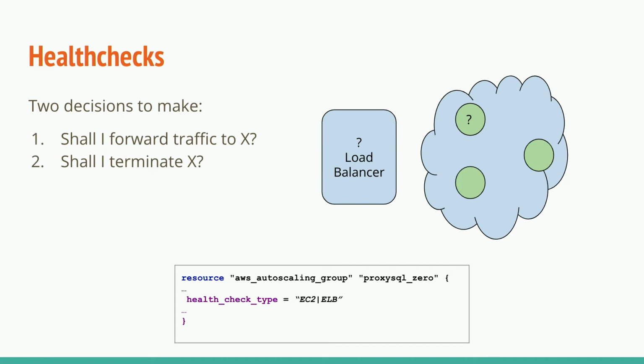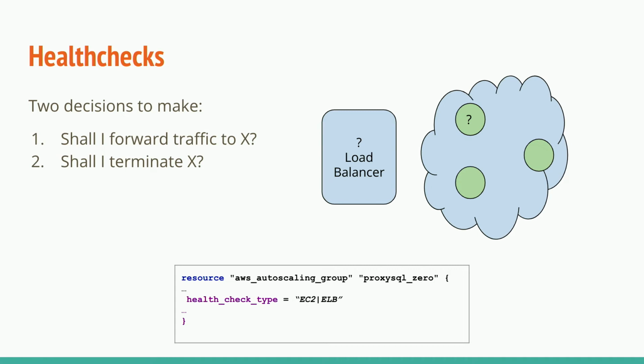And by target, I mean the EC2 instance. AWS calls it a target group, so EC2 instances are targets. Don't get confused. The second decision is, should I replace the target? Should I terminate the instance because it's not healthy? So these are two decisions, and it's important to keep that in mind.